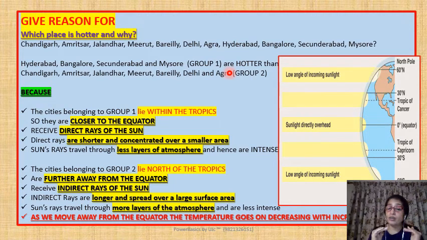Then the points should come: direct rays of the sun are shorter and more concentrated. They have to pass through lesser layers of the atmosphere. You know that the atmosphere also absorbs the sun's heat, insolation, remember? So the more layers you have to pass through, the lesser heat is going to reach the other end. The lesser layers you have to pass through, the fewer particles are absorbing the heat, so more heat reaches the Earth's surface. So understand this well.